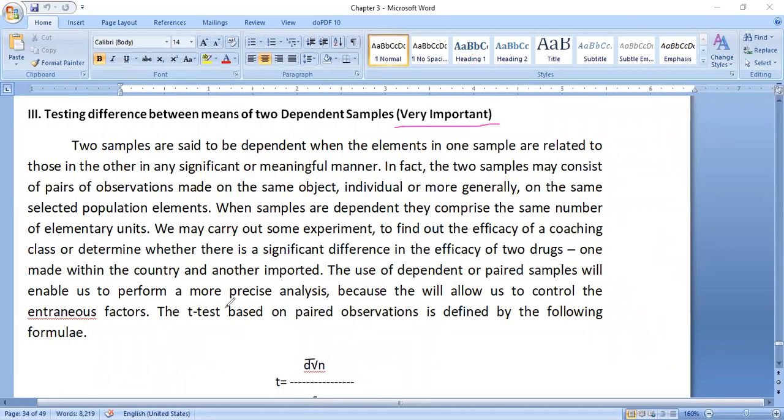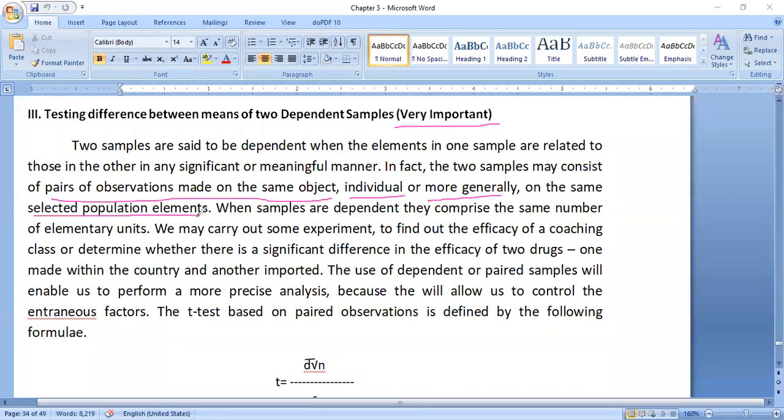In fact, the two samples may consist of pairs of observations made on the same object, individual, or more generally on the same selected population.